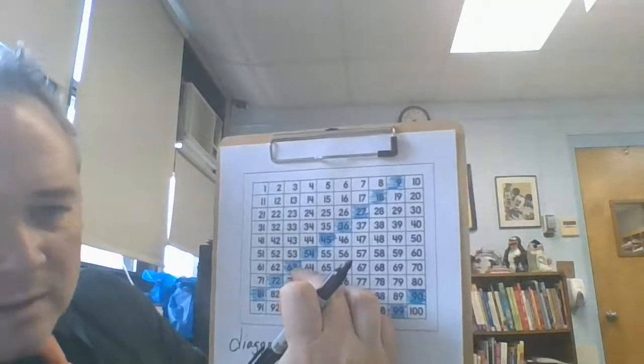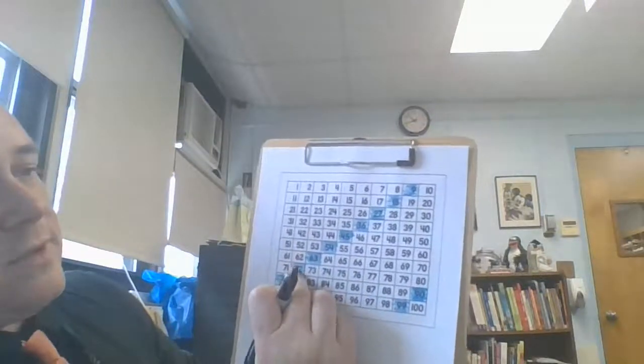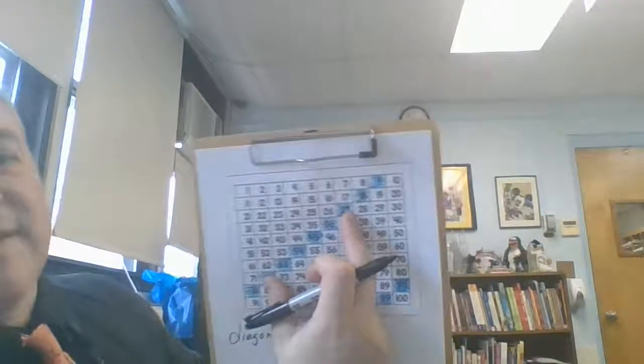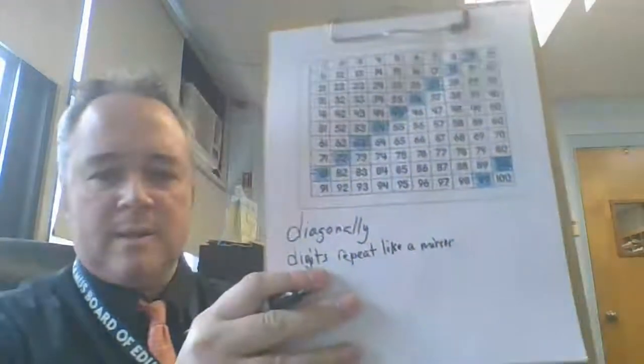Does that keep happening? Let's see. 7 and 2, 2 and 7. Yep. So the digits, how can we say that? They repeat, but they don't repeat exactly. They repeat like a mirror, right? Okay, do you see that?